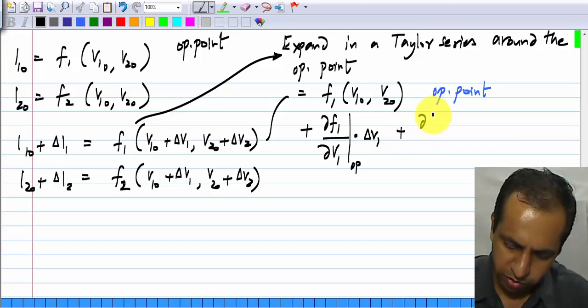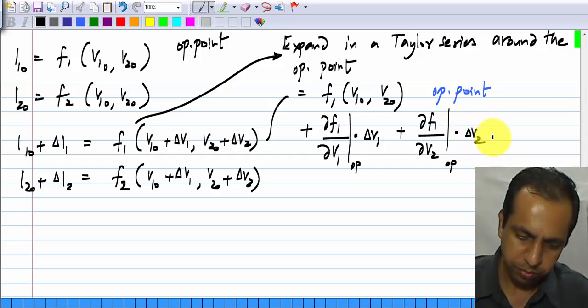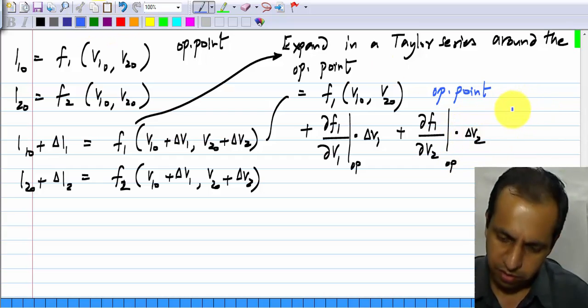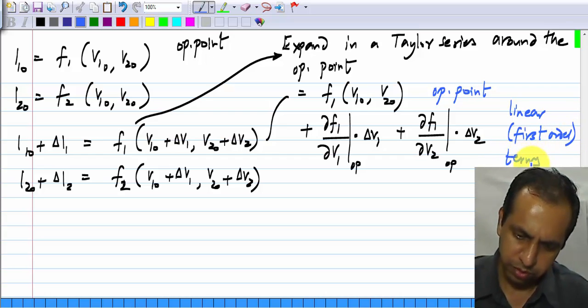And you will also have the partial derivative with respect to V2 also evaluated at the operating point times delta V2, and these are linear or first order terms.